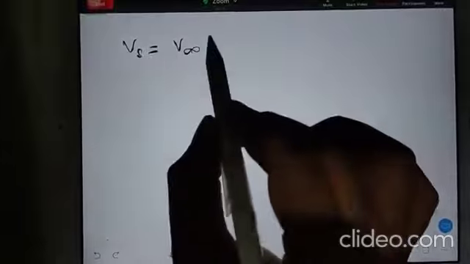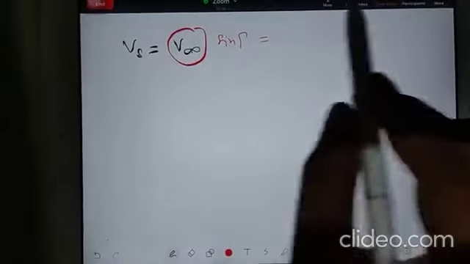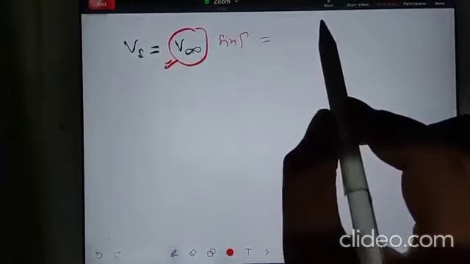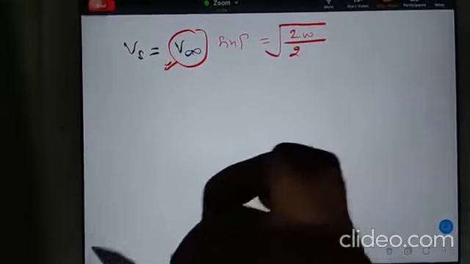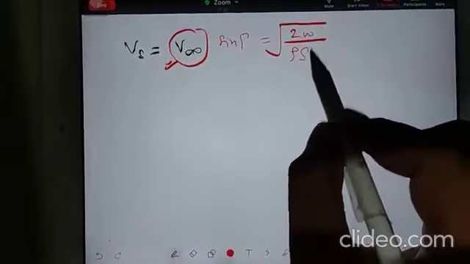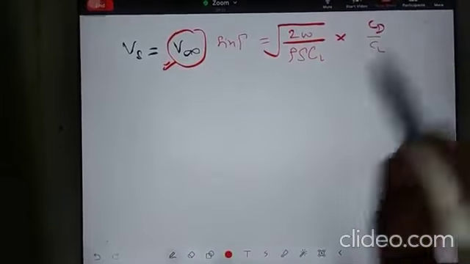Because this Vs is equal to V infinity sin gamma, this V infinity I can directly write as under root 2W by rho S CL, and CD by CL.